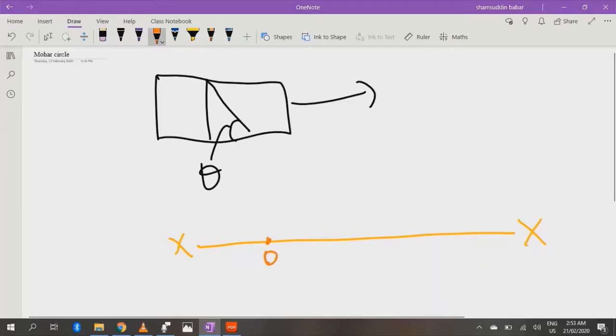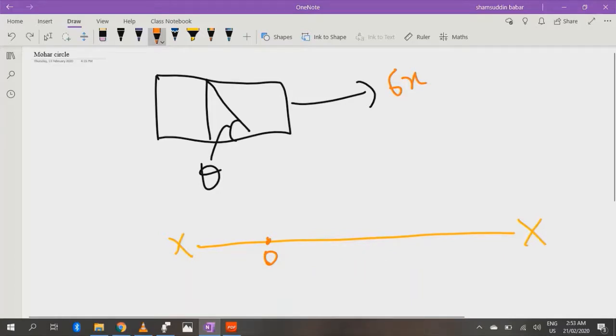Usually we use a scale and draw it on graph paper or on a suitable scale, and this is our stress x. For example, this stress x is tensile, so it will come in this direction, as stress x is in the positive direction for tensile stress.